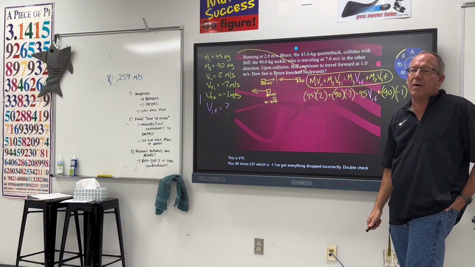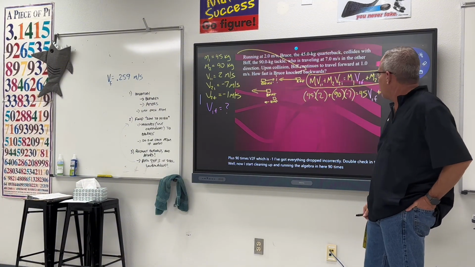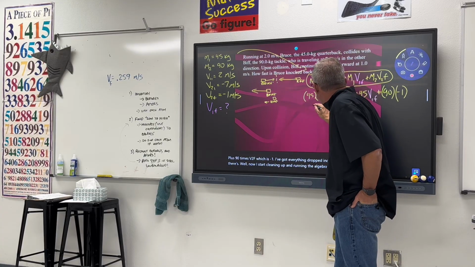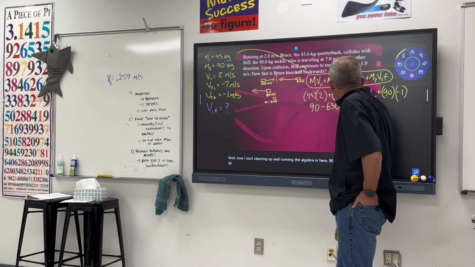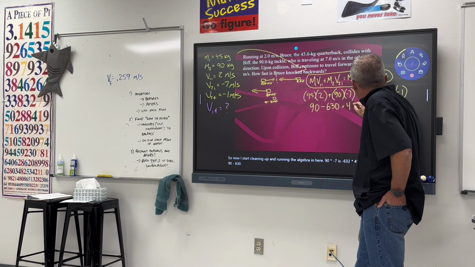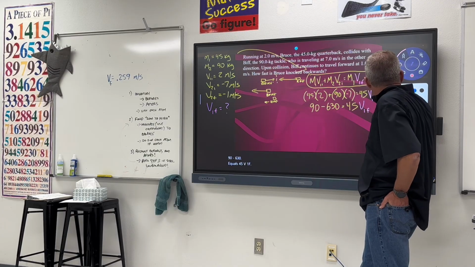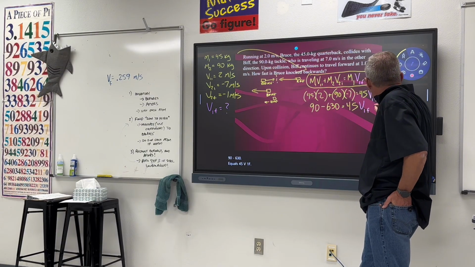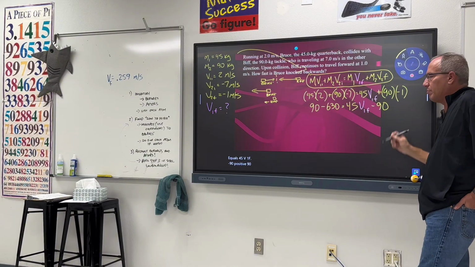Now I start cleaning up and running the algebra in here. 90 times negative 7 is negative 630. 2 times 45 is 90. This is 90 minus 630 equals 45 V1F minus 90. Positive 90 times negative 1 makes this minus 90.